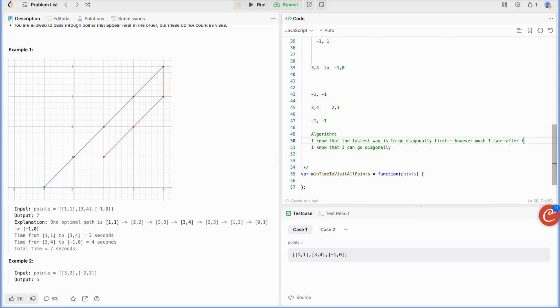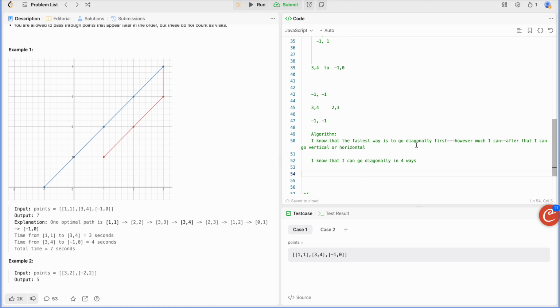After that I can go vertical or horizontal. And I know that I can go diagonally in four ways, right?